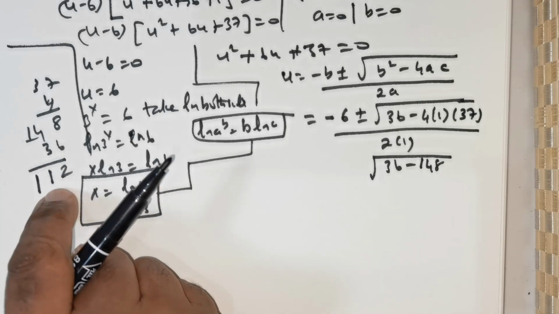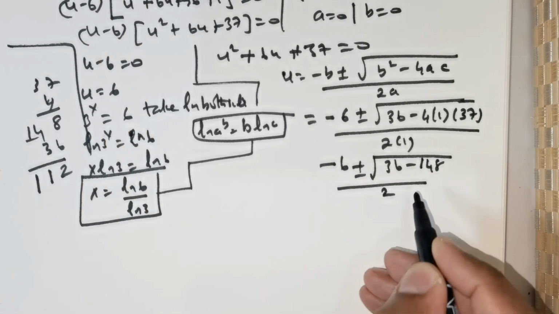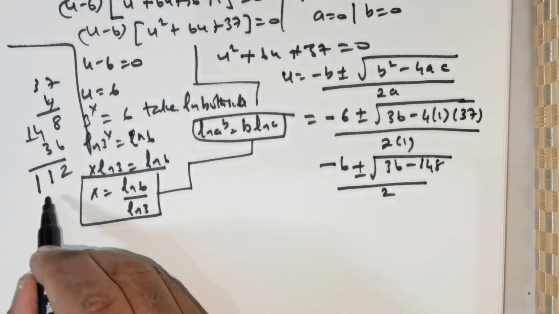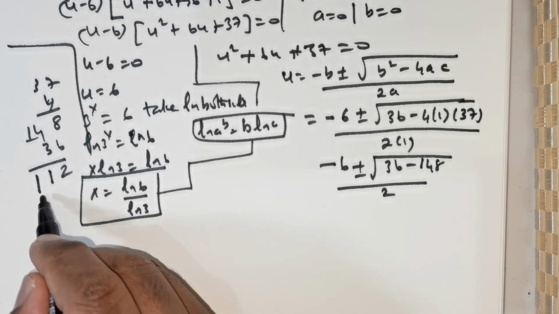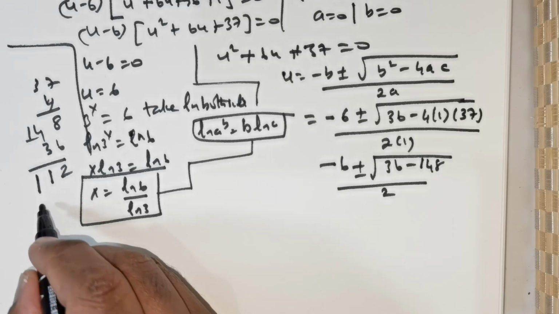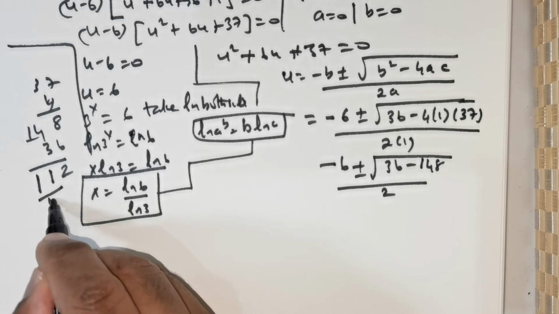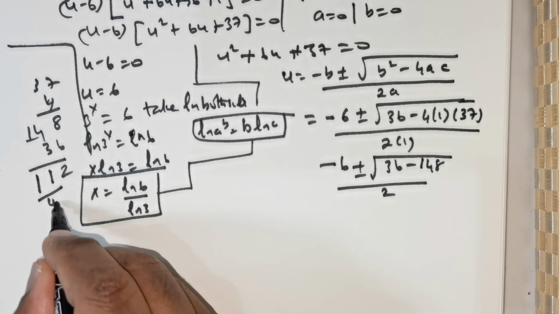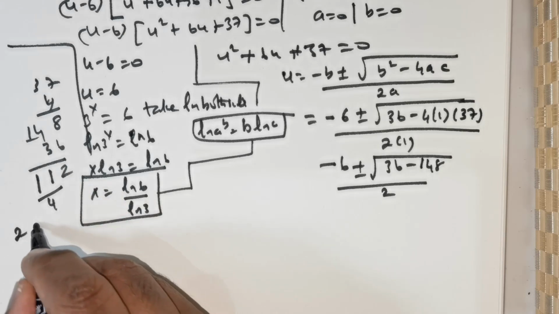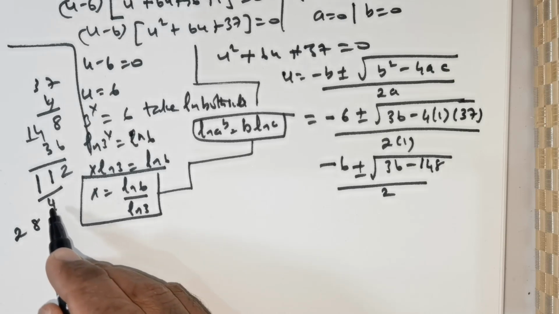So 1, 1, 2. So plus or minus, negative 6 divided by 2. Now 112, let me just try to reduce it by 4. I think 4 is a better way. Let me just check. If I divide by 4, 4 2s are 8, 9, 10, 11, so this is going to be 28.